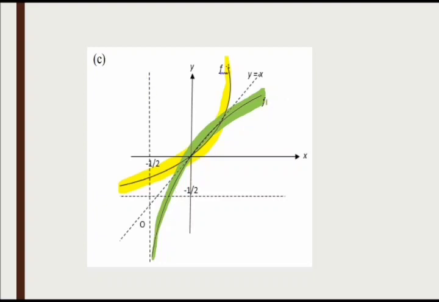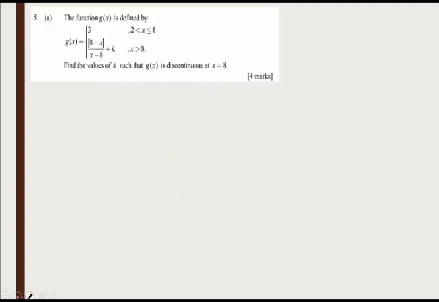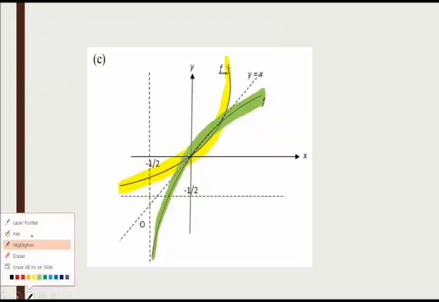If we take the function f, the asymptote line is at negative 1 over 2, because our domain starts from negative 1 over 2 to 0. And for the inverse function, the range is from negative 1 over 2 up to 0. So I hope you are clear with this sketching of this graph.